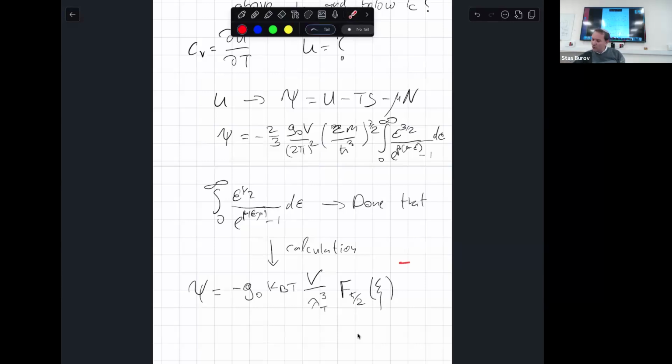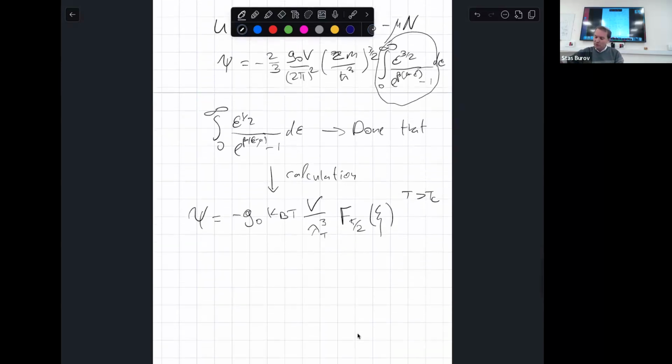Now, again, this is done for T larger than TC, because to obtain it we have to perform this integral, and there is some sort of Bose distribution inside. And again, we neglect the lowest level. So for T below TC, there should be some additional contribution. What is this additional contribution?